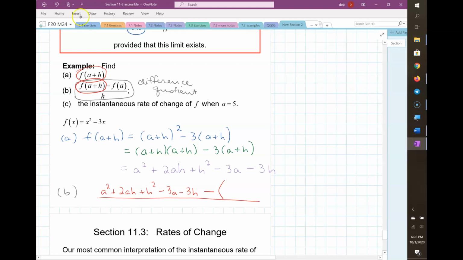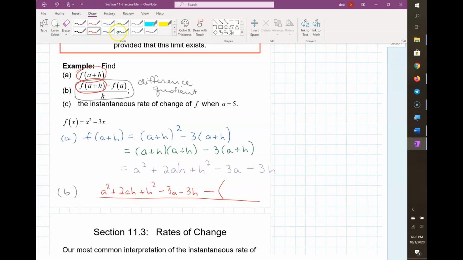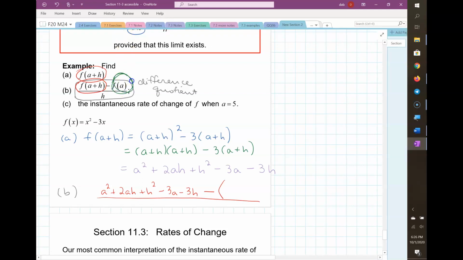Okay, so now we need f of a. Well, here's f of x. So f of a says put a where the x is, and then put it in here. a squared minus 3a. And then this is all divided by h.